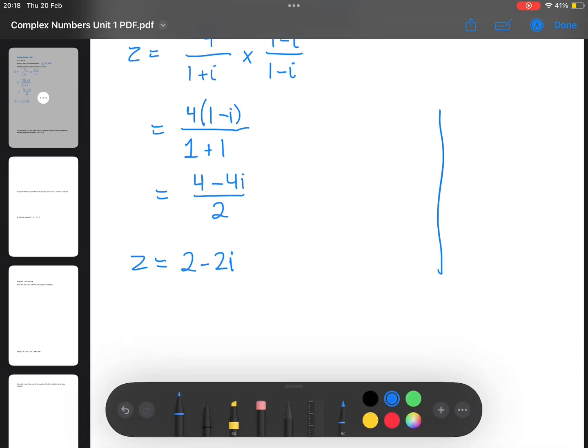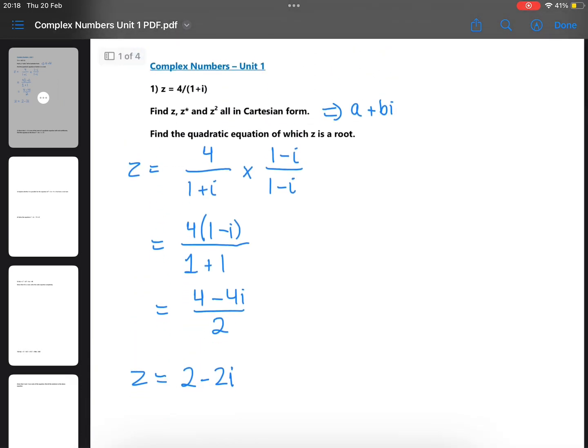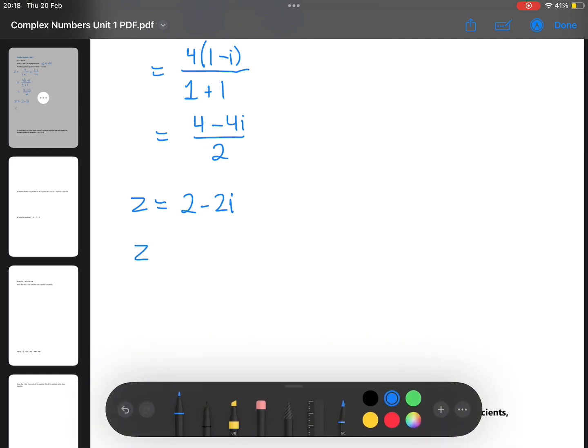And for z star, z star is the complex conjugate of z. So z star is going to be 2 plus 2i.